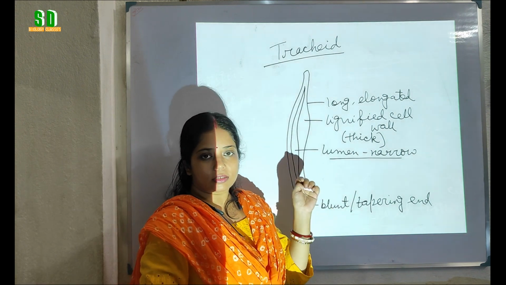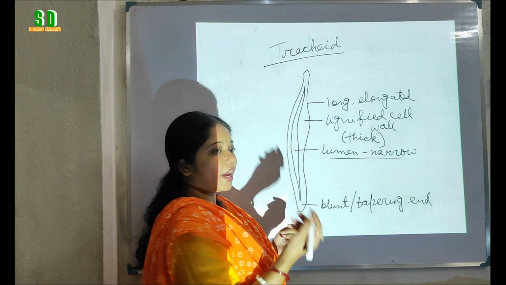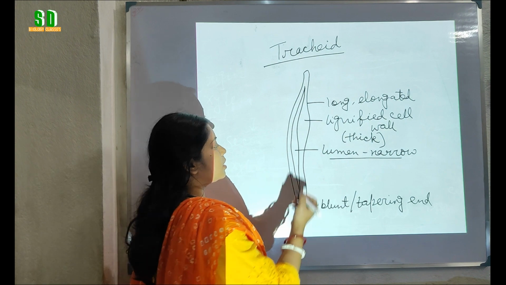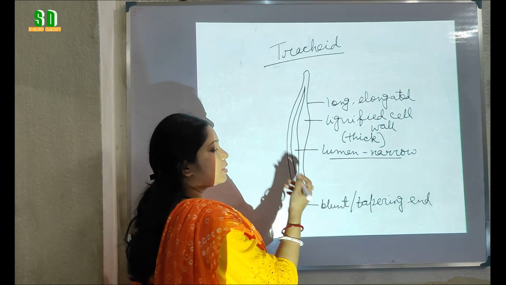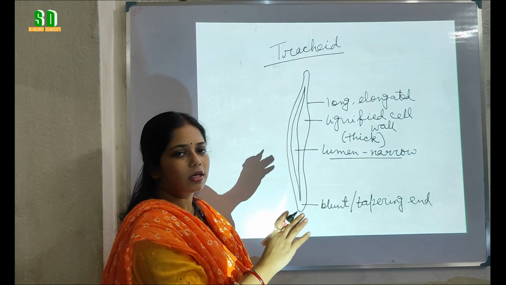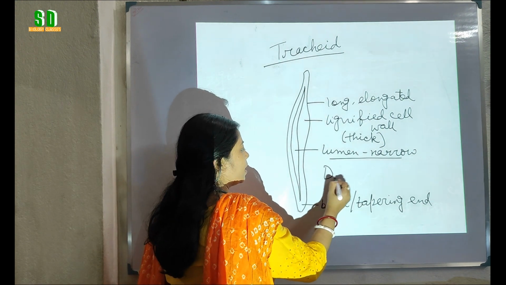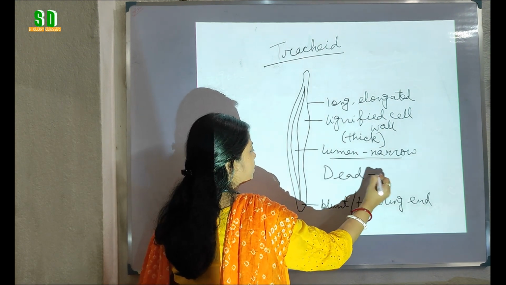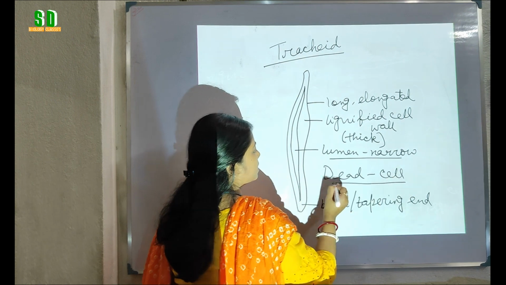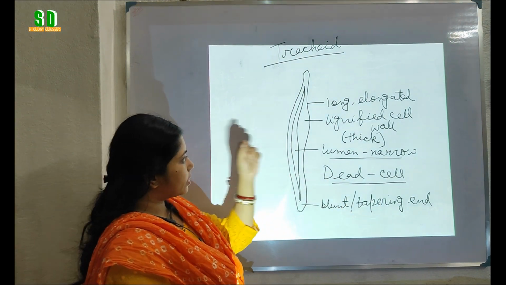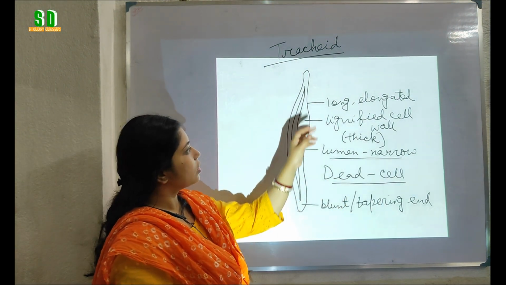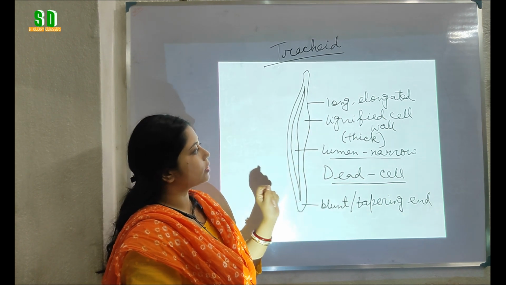Now inside the cell, at the maturity of the tracheid, the inner part of the cell, that is nucleus and cytoplasm, is lost. So at maturity it becomes dead. So it is a dead cell. So what are the basic features of the tracheid? The cells are long elongated.